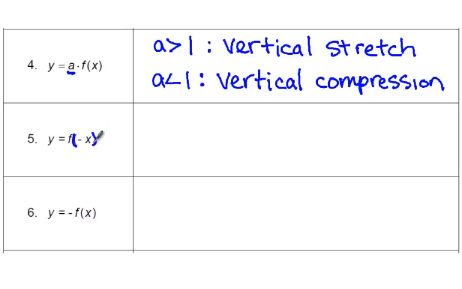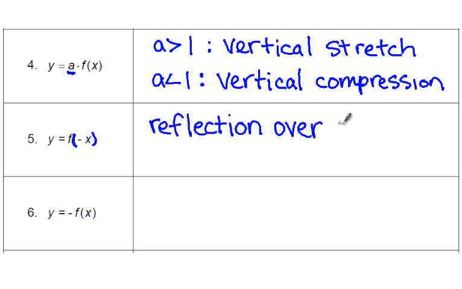Okay? When you have a negative in front of the x, it's inside. When it's inside in front of the x, that's a reflection over the y-axis.